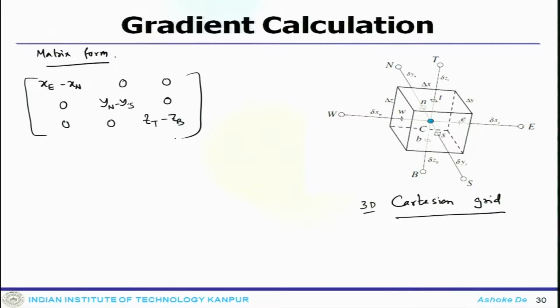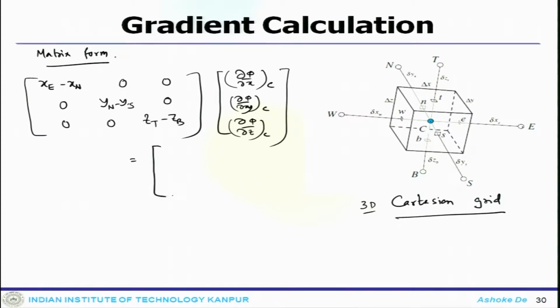That is the first part of it. Then we have del phi by del x c, del phi by del y c, del phi by del z c. So, that is there, and the right hand side would be phi e minus phi w, phi n minus phi s, phi t minus phi b.